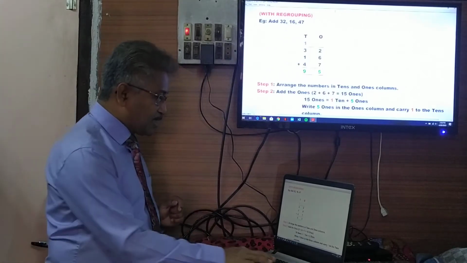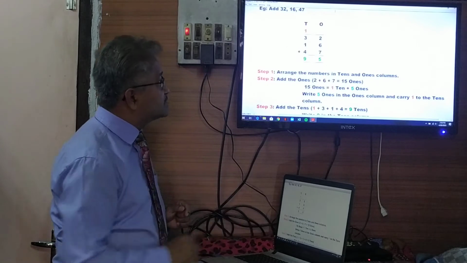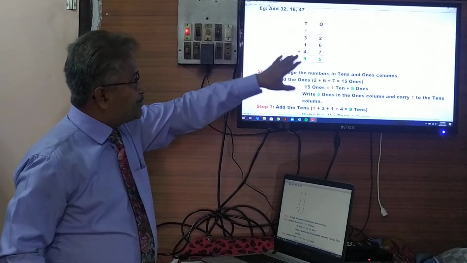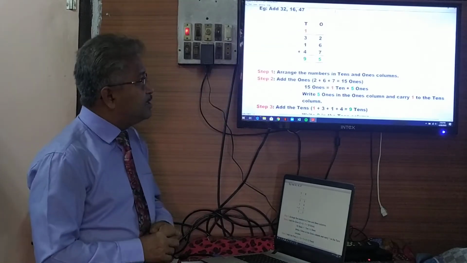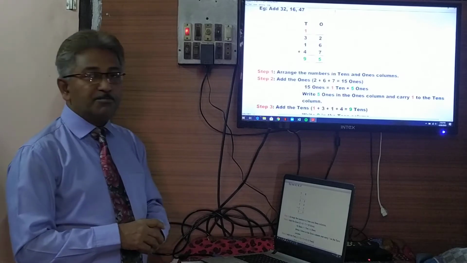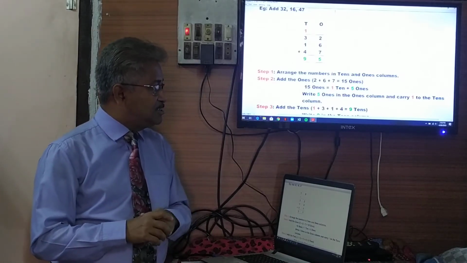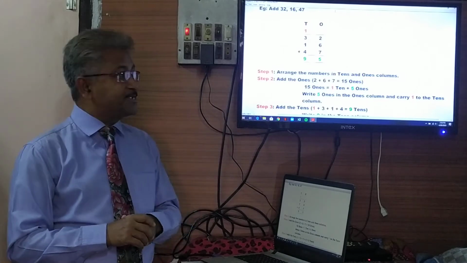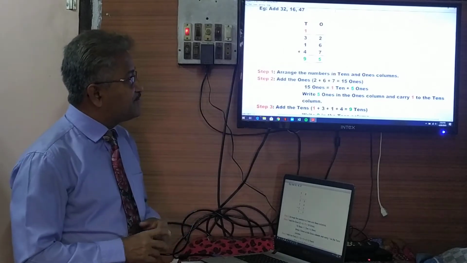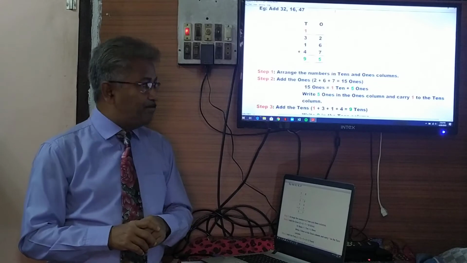After doing that, we come to the third step: we add up the tens column, that is 1 plus 3 plus 1 plus 4, and we get 9 tens. So we write 9 in the tens column and we get 95 as our sum.